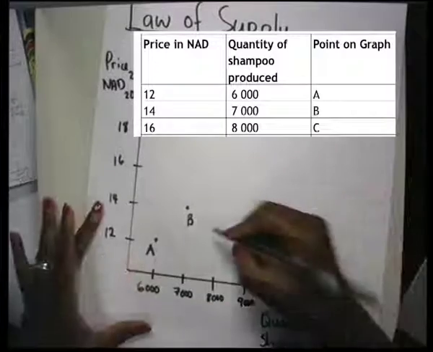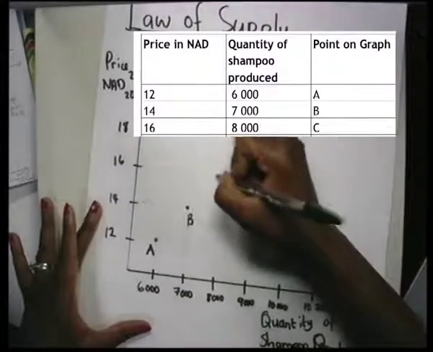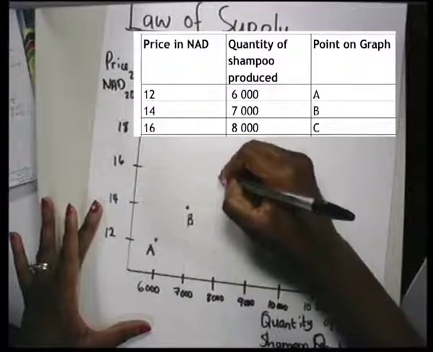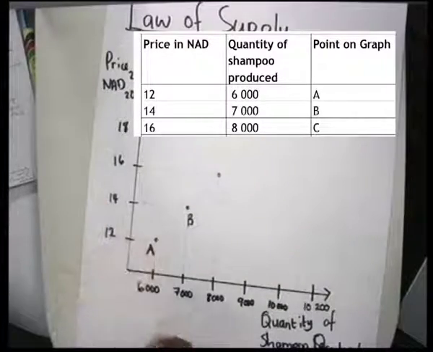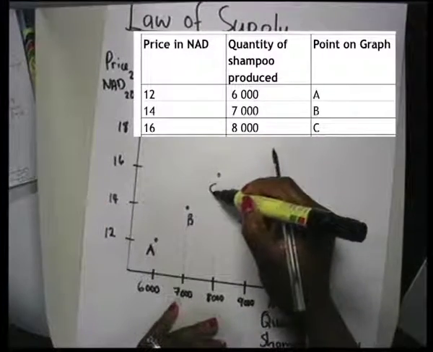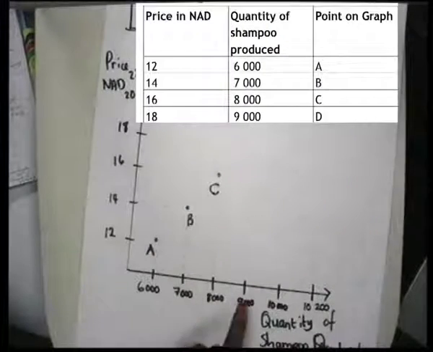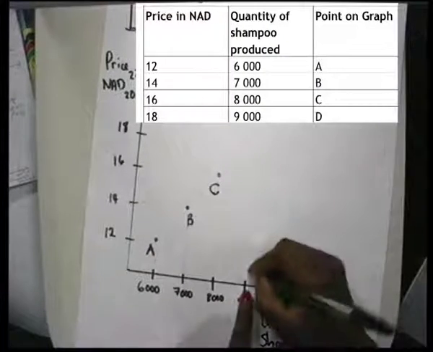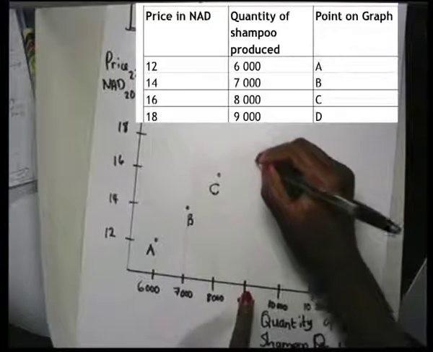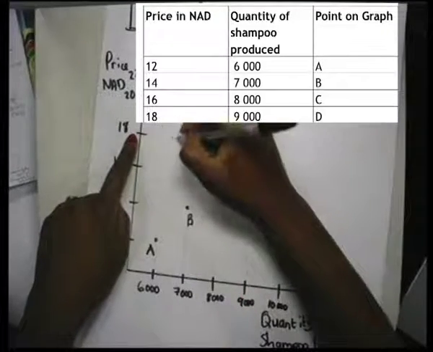So just going to draw a dotted line once again. This is C. Then when the quantity is 9,000, the price is 18.